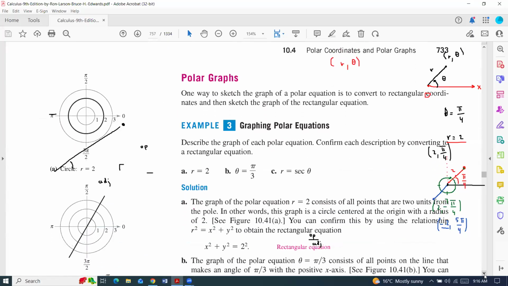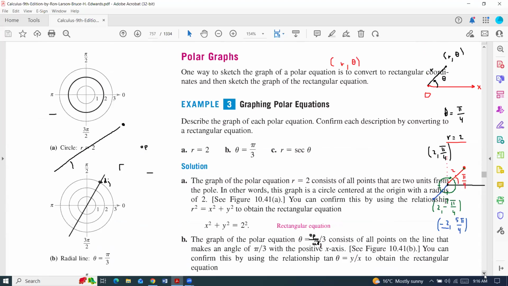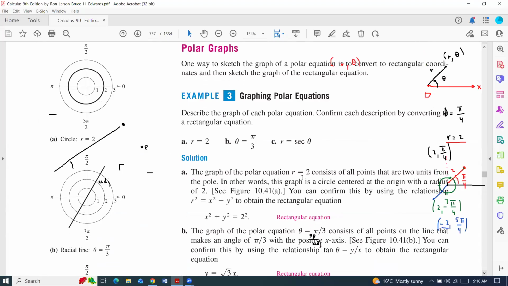So if you look at r equal to 2, for example, r equal to 2 means there is no theta, so theta is any angle.